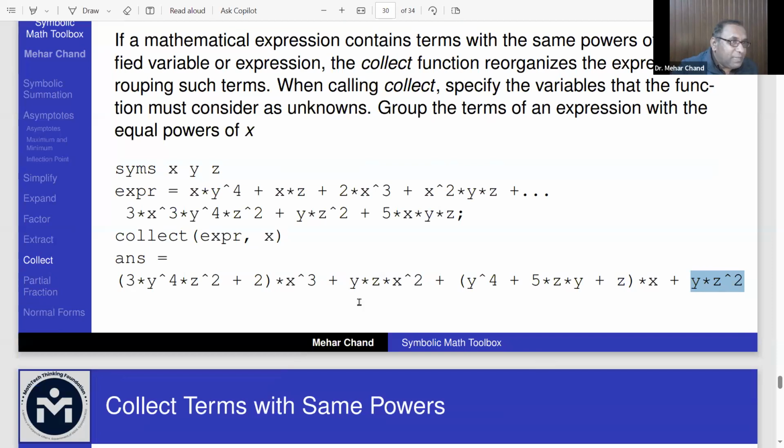Similarly, if you use y at its place, then the polynomial will be in the form of y, and the rest of the variables will be the coefficients of each term. So you can easily collect the coefficients for the x variable, the y variable, or the z variable. According to what you need, you can instruct, and the corresponding result will be returned.